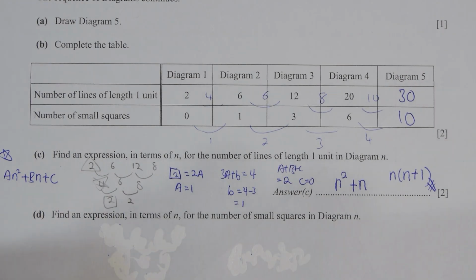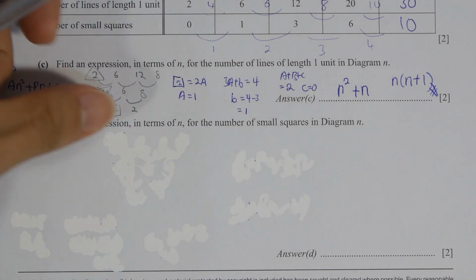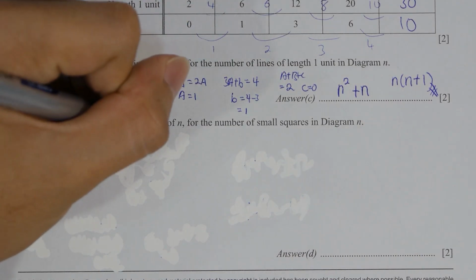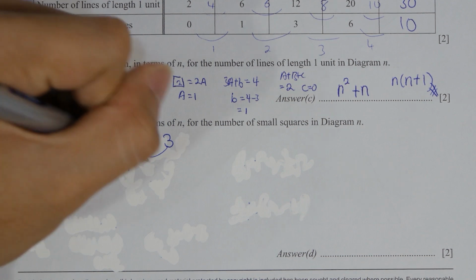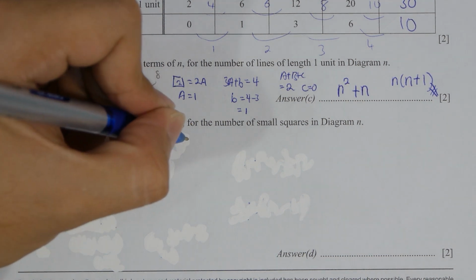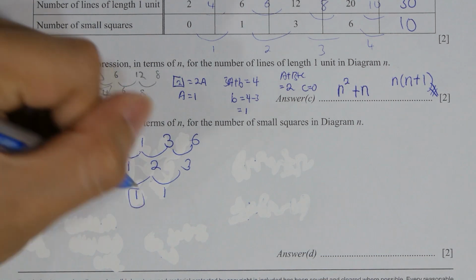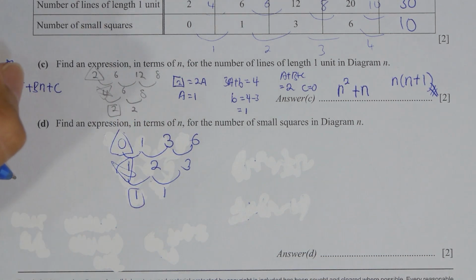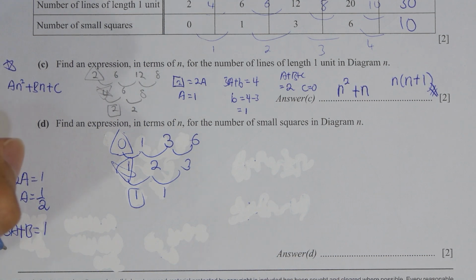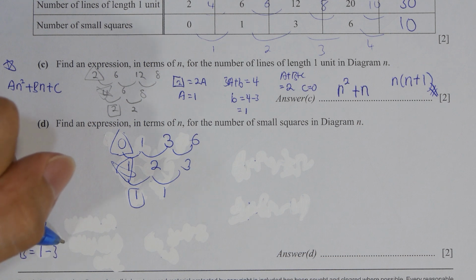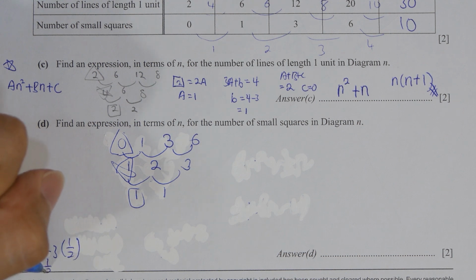The reason why I use shapes to represent the formula is because it is easier for you to memorize and also understand it. So if you happen to be stuck at this question, feel free to check out the link that I put at the right hand corner. I actually explain the sequences topic in the 2 videos that I've created.